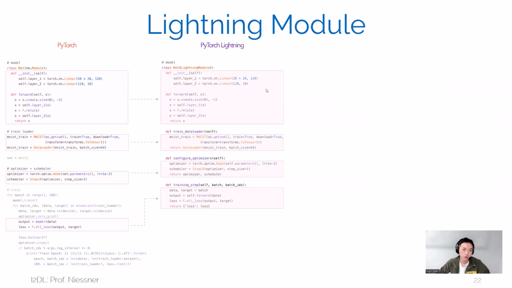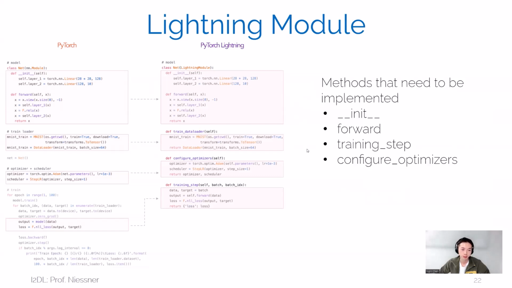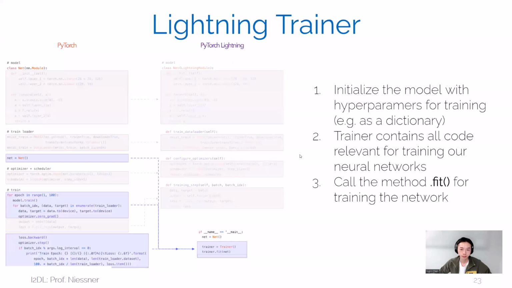And what we do here for PyTorch Lightning is modularize every part into a function or a class. Then what you need to do is implement the model initialization and the forward part, and then define the training step and the optimizers in functions. To train, you just call the trainer, and then you use the fit function for training the network.